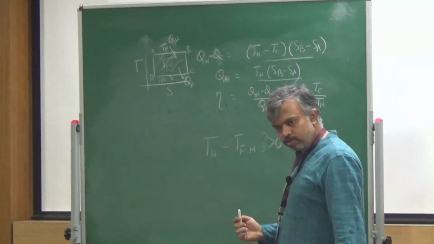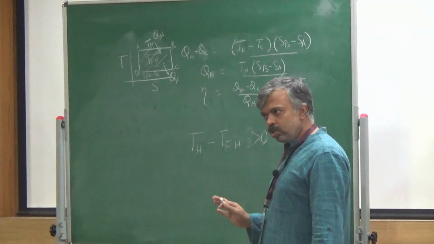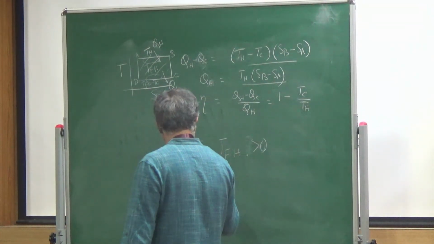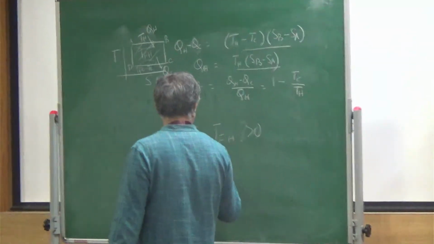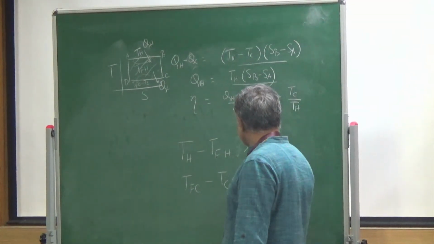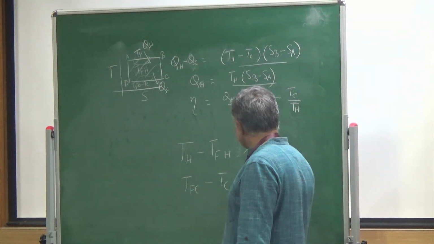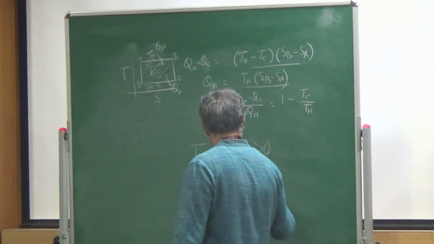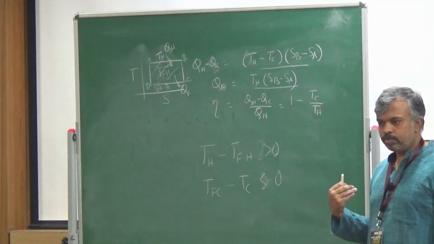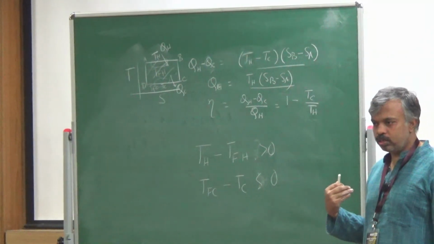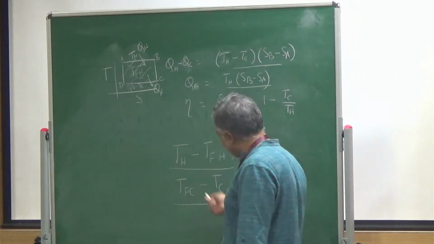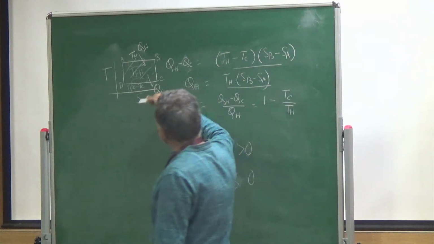Then the heat flows. Are you with me? And then there is a fluid colder temperature, say T_C fluid, and then there is the actual cold temperature of the bath. This difference has to be less than 0. Then the heat goes out. Correct?